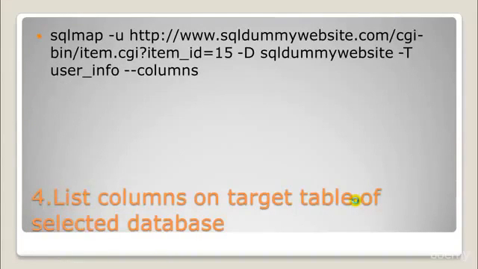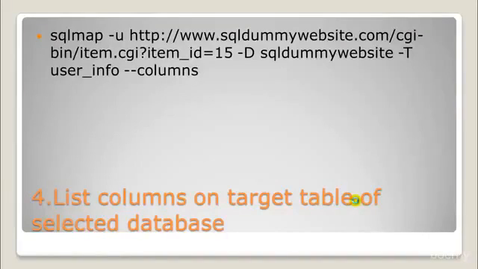So now coming to step 4, we need to list all the columns on the target table of the selected database using sqlmap SQL injection. So now we need to list all the columns on the target table user info of the SQL dummy website database using sqlmap SQL injection. And sqlmap makes it really easy by running the following command.